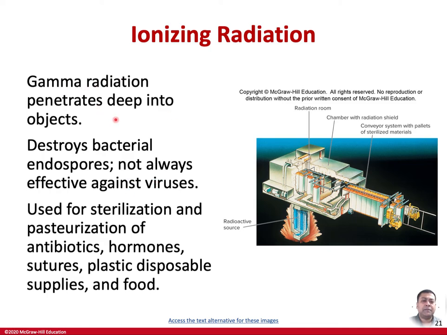There are many different types of radiation. The first one is gamma radiation, which penetrates deep into objects. The source of gamma radiation is usually cobalt-60, or it can be beta radiation, which is accelerated electrons from high voltage electricity. Gamma radiation penetrates deep into the object, whereas beta radiation is used mainly for surface sterilization, for example of plasticware, where it does not have to penetrate deep into the material.